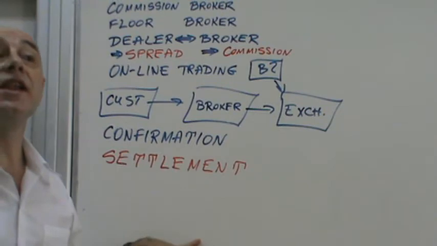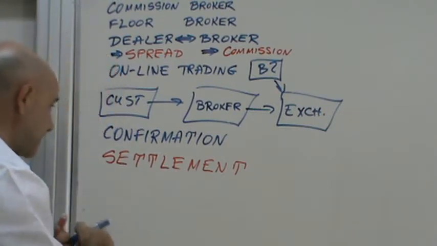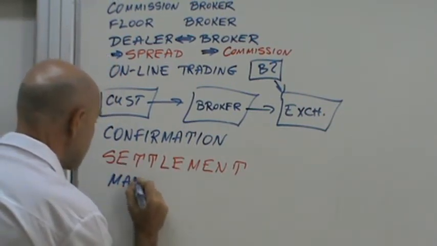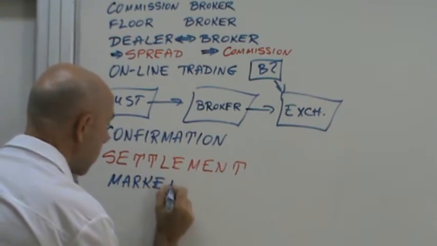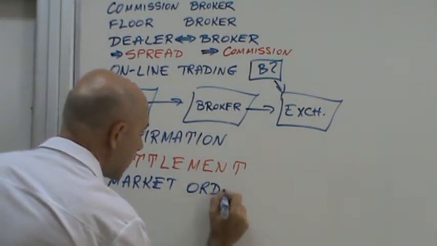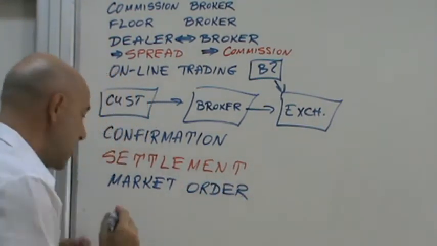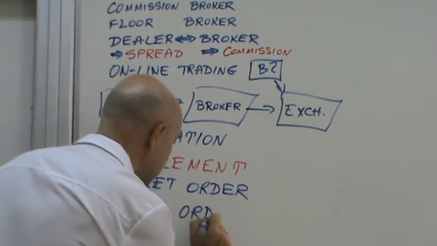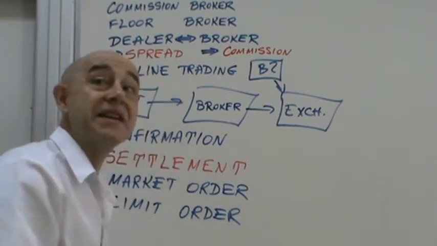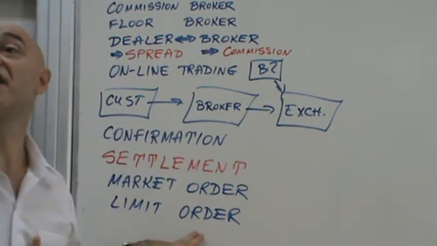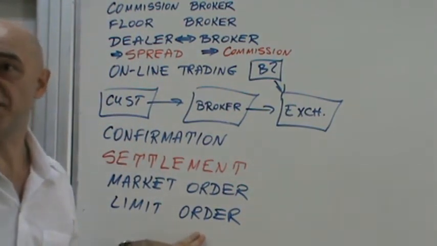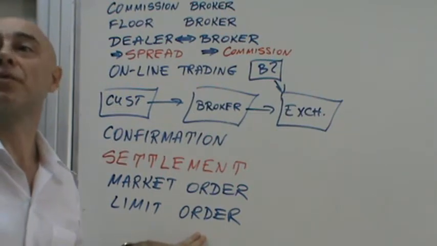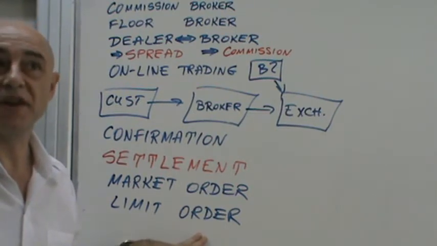And a limit order specifies the price to execute, or better price, but cannot be at a worse price.